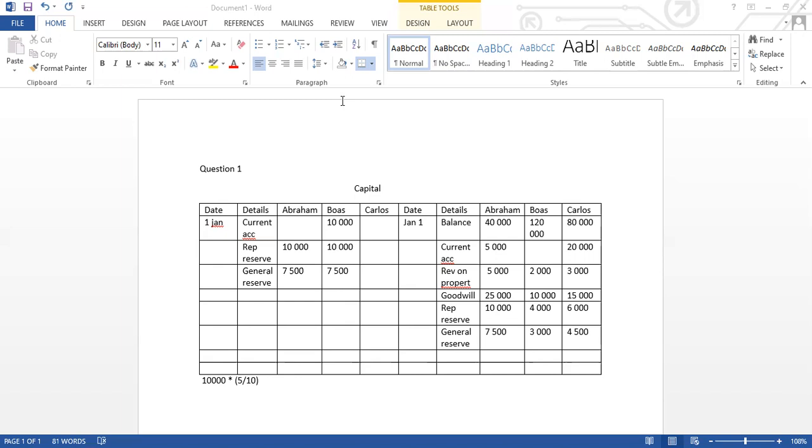So when you are told that general reserve or goodwill should appear in the new books of the partnership, or in other words, should be written back, the first thing you do is share them among the old partners, so that the retiring partner also benefits from the goodwill.